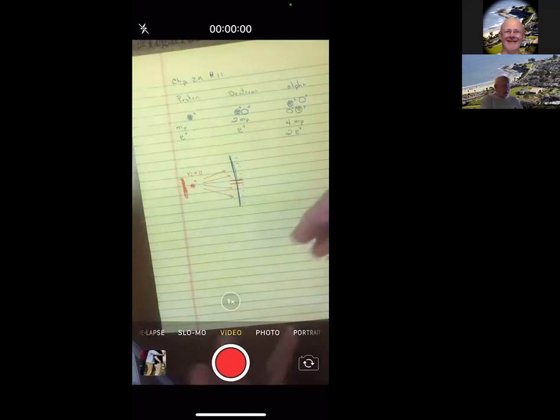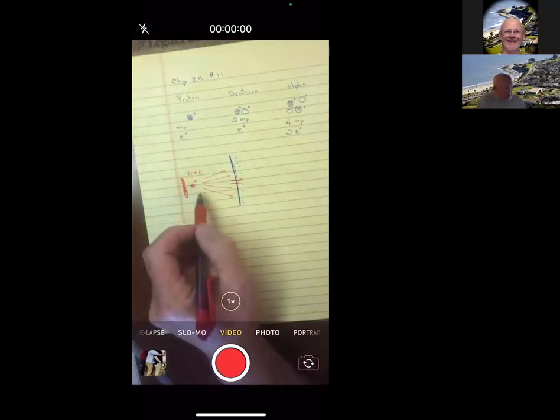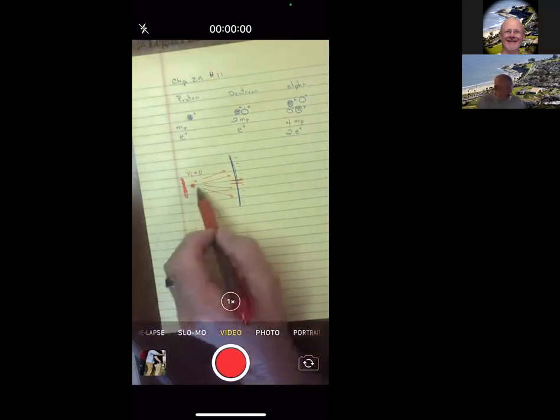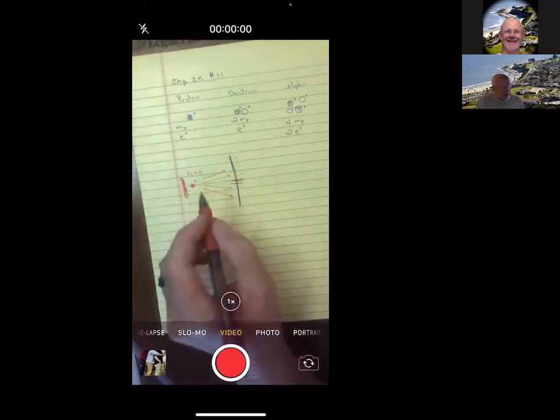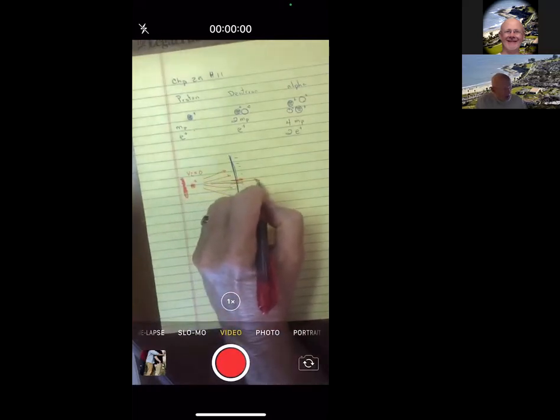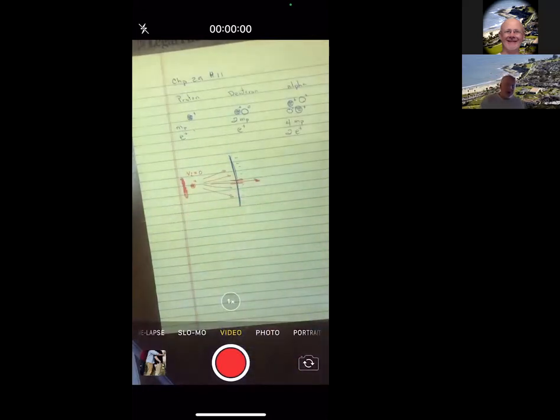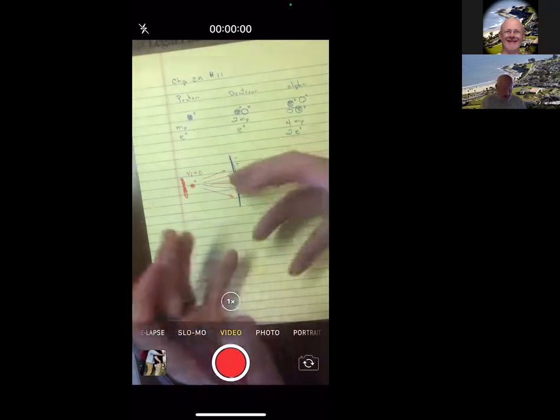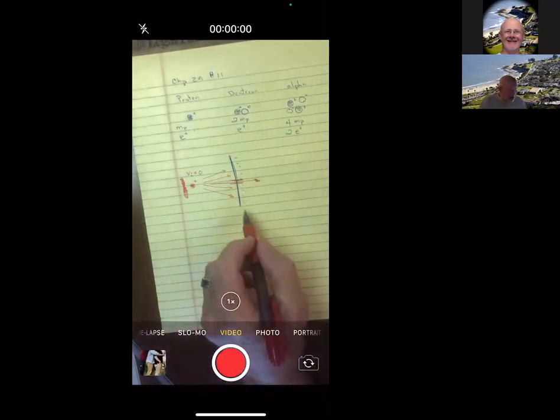And as they get pulled over, most of them will have an initial velocity that will make them miss the hole, but there'll be a small percentage, let's say 0.001%, that will be heading in the right direction. And then they are accelerated by this negatively charged plate.